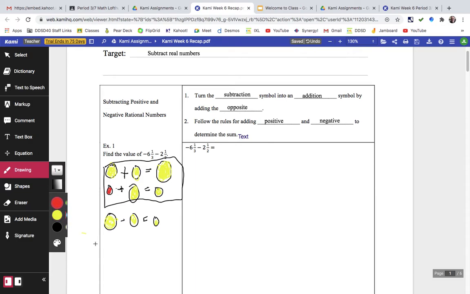But then we didn't really emphasize this model, because this can get, for some students, pretty confusing.